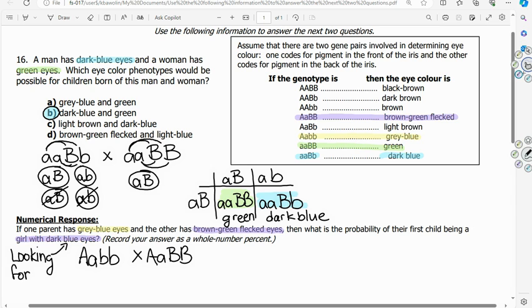So we are looking for the genotype that has two lowercase a's, capital B, and a lowercase b. Next, let's find the gametes using the FOIL method again.